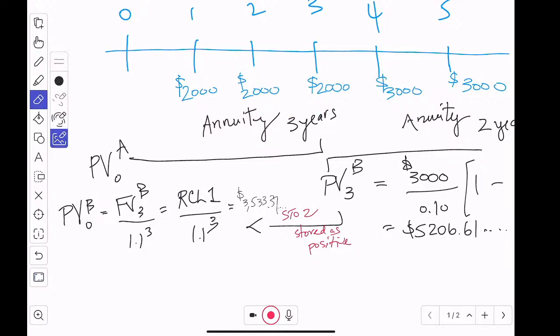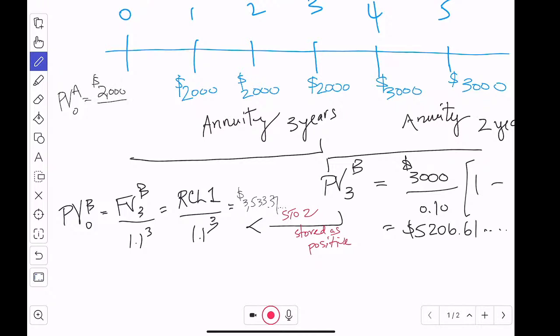And so I'm going to clean this up a bit and call it PV0A, which is 2,000 divided by 1.1. This is the annuity for 3 periods.